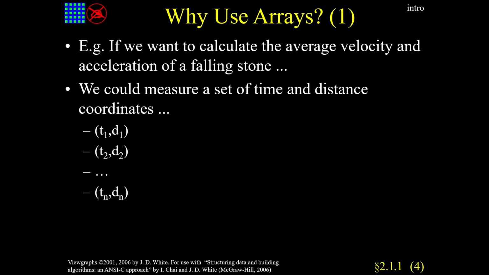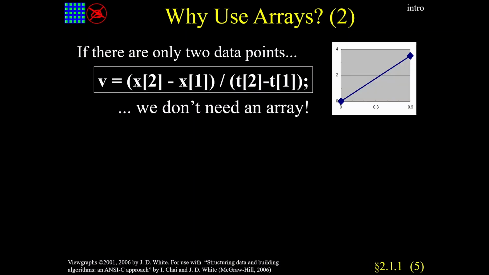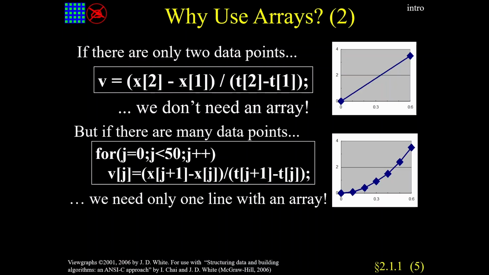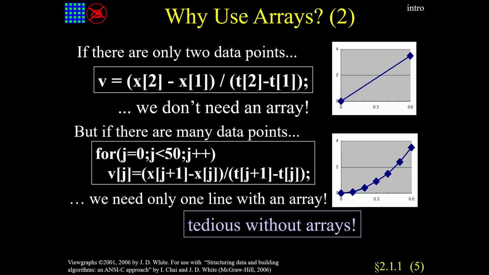If we did 1,000 measurements, we could just put them in an array. If there are only 2 data points, we don't need an array. But if we had 50 of them, we could write code to calculate all the velocities with only 1 line. We go through the whole array and calculate the whole set with 1 line. It would be tedious to do this without an array.